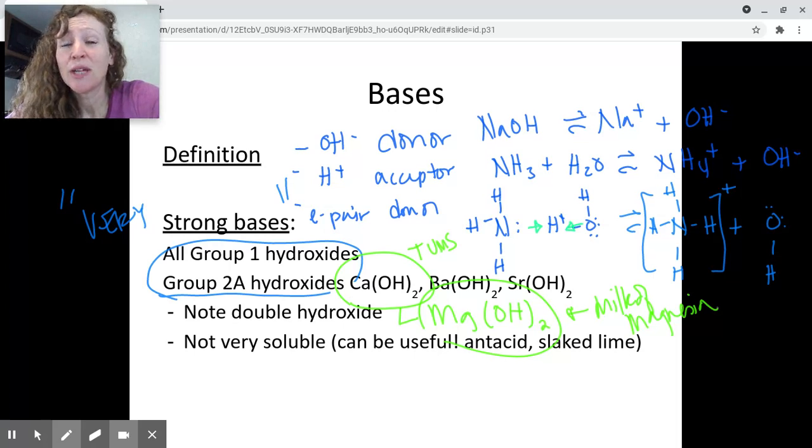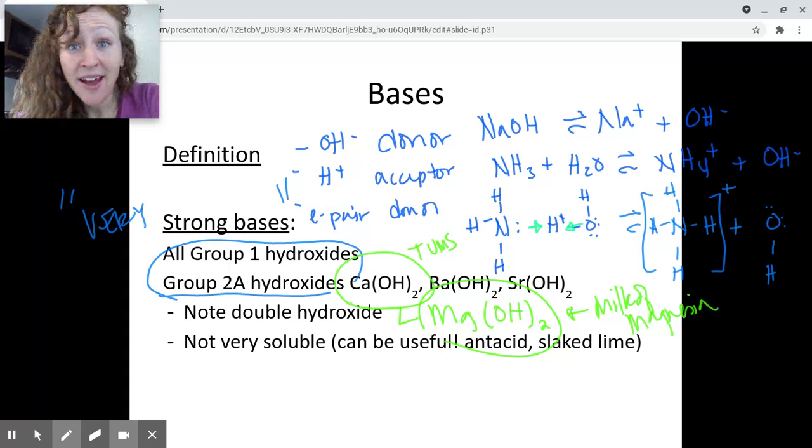However, like I said before, if you run across a hydroxide that's combined with one of these metals in the alkali metals or the alkaline earth metals, just assume it's a strong base. Just assume it's going to act just like any other very strong base would act. It's going to have a very large K. It's going to dissociate into those ions.